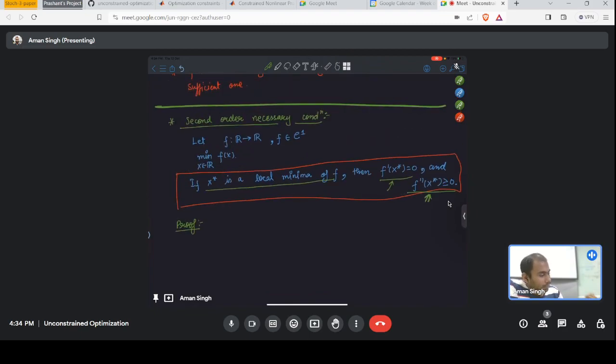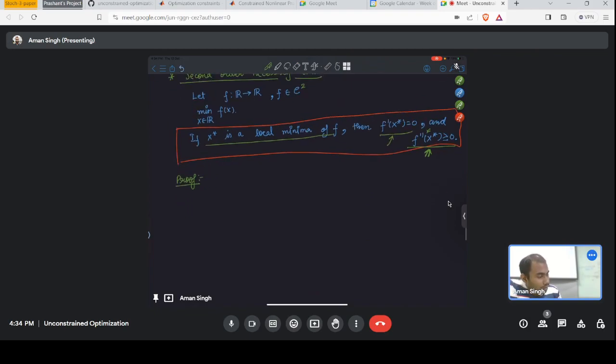And I made a mistake here because I'm assuming that I'll be able to calculate f double dash. I want the second derivative to be continuous also. So this f should not belong to C1, it should belong to C2. Okay.